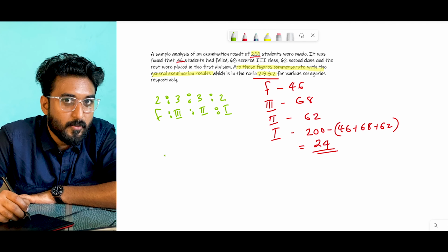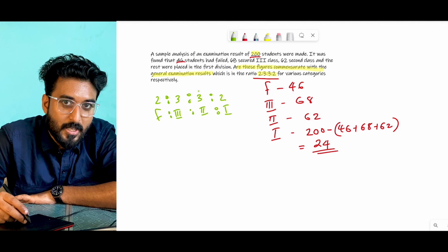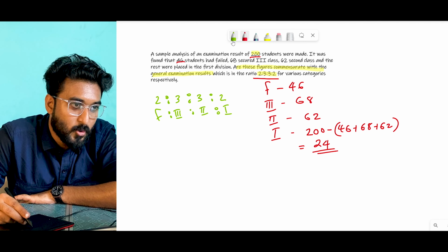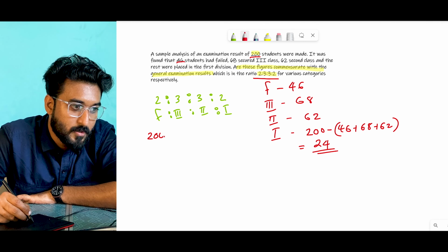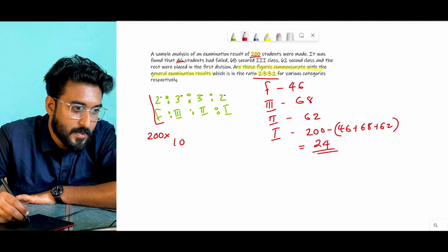I think you are familiar with how to find values from ratios. There are 200 students in total. The sum of the ratio is 2 plus 3 is 5, plus 3 is 8, plus 2 is 10. So the total is 10.